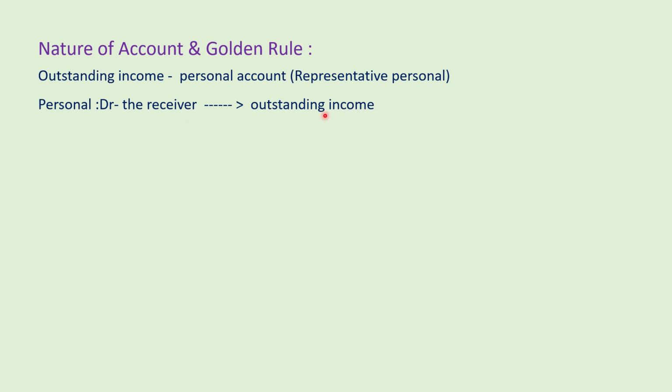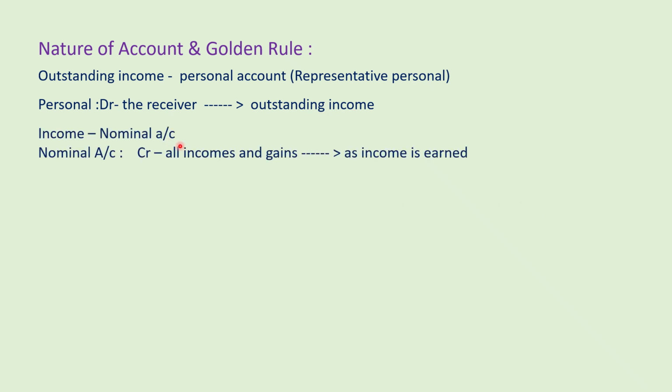This is receivable. And what will come under the credit side? According to the nominal account, what does it say about income? Credit all incomes and gains. So here the income is credited. Whatever income we have due will be credited according to the nominal account.